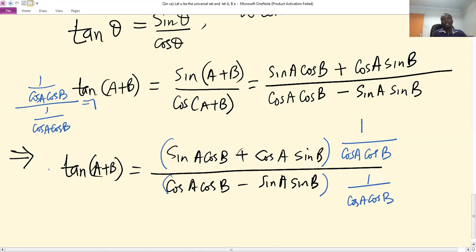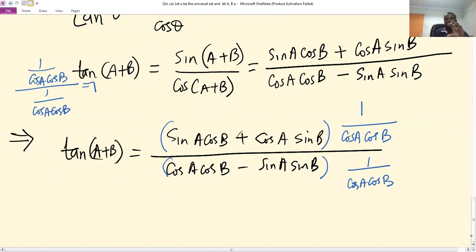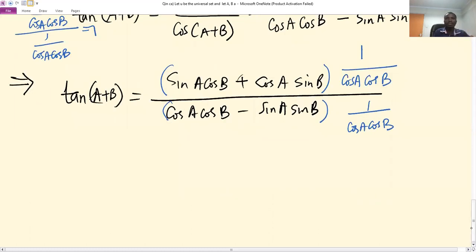And when you multiply an expression by 1, you don't change its value, but we are writing it in a special way that will help us to do the simplification.